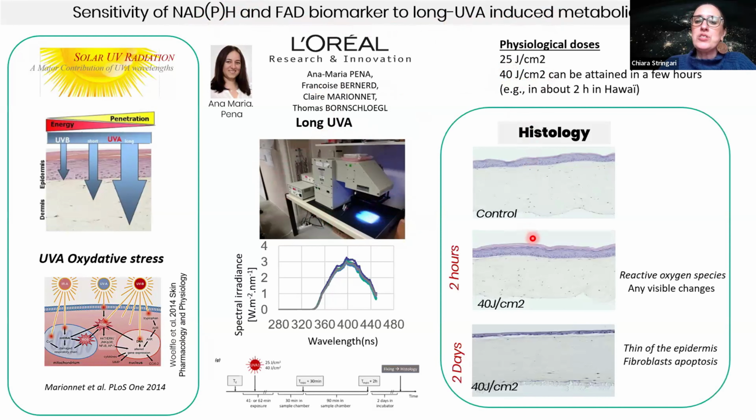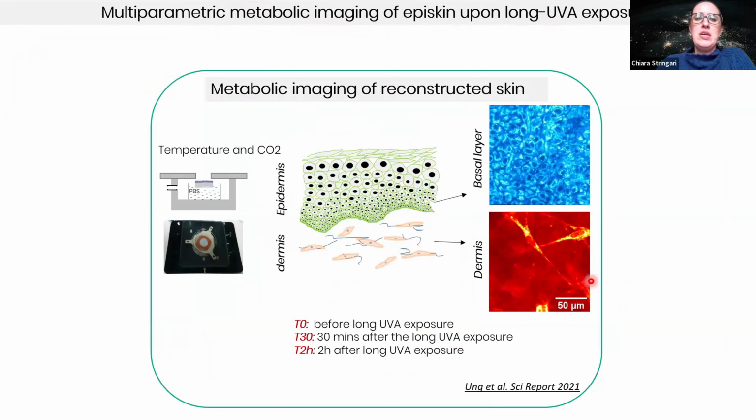And these doses do not lead to any morphological changes at 2 hours. But we performed the imaging over time, at 30 minutes and 2 hours after the UV light exposure. And we can image both the basal layer and the dermis.